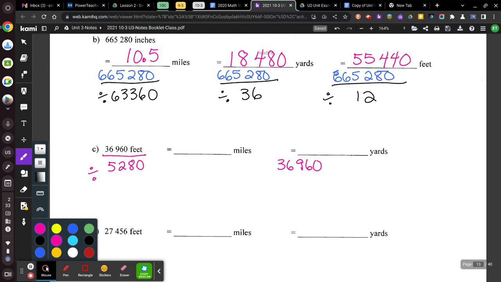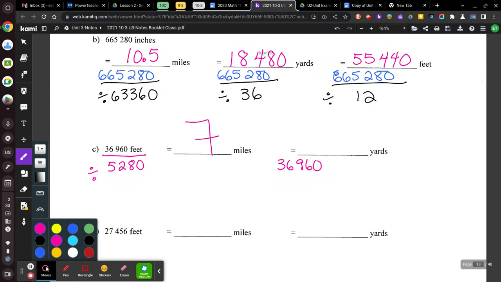Where did I get that number? Right here. Find the 1 and go straight down. 5,280. And because you're going down in the chart, that means you're dividing. Okay, how many miles do we get from that? 7. Good job. We get 7 miles.